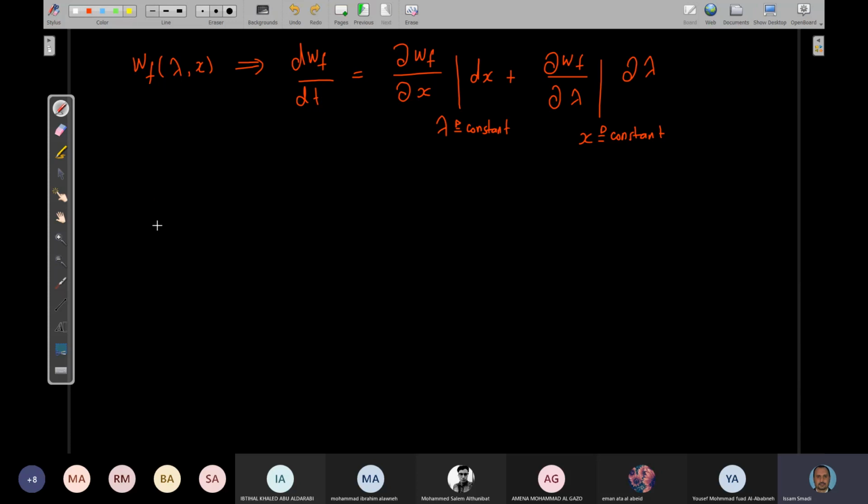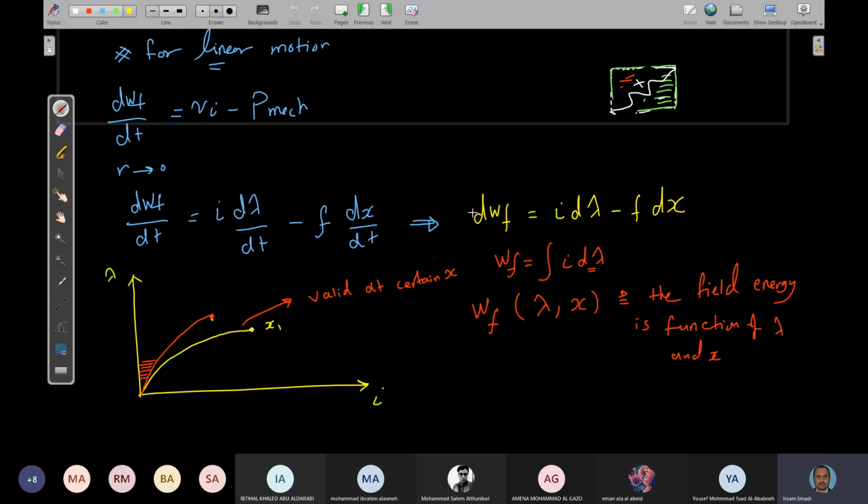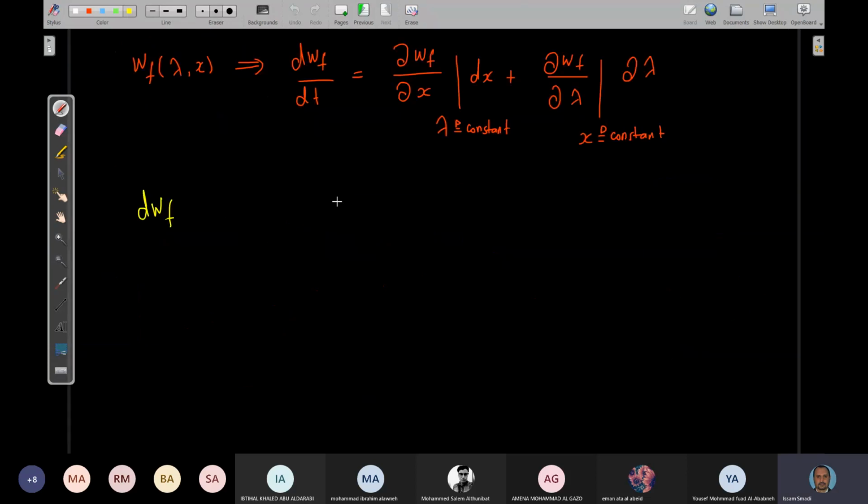Let's change the color here. If I recall the previous one, I will take it from here: d omega f equals i d lambda minus f dx, correct?